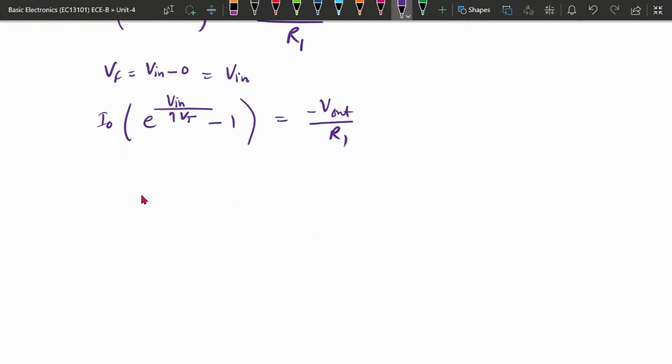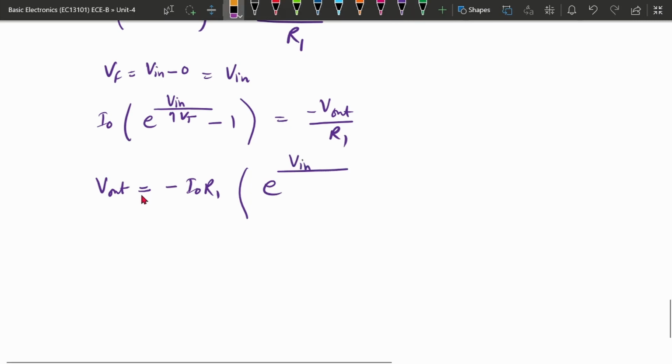Now we need to get the output. So we separate it out: V output is equal to minus I naught R1 into e to the power V input divided by neta Vt, minus 1.